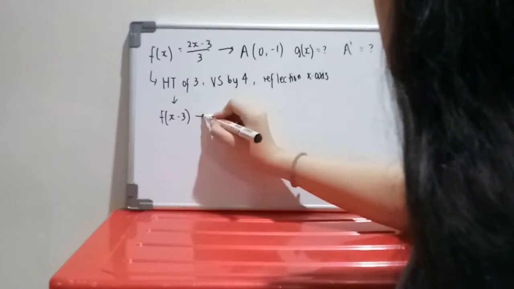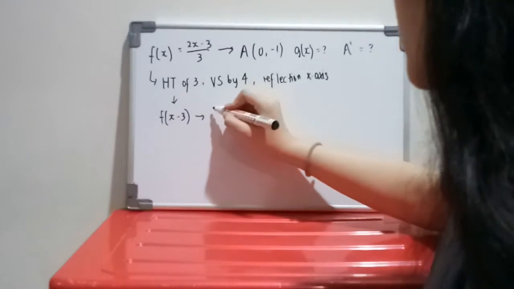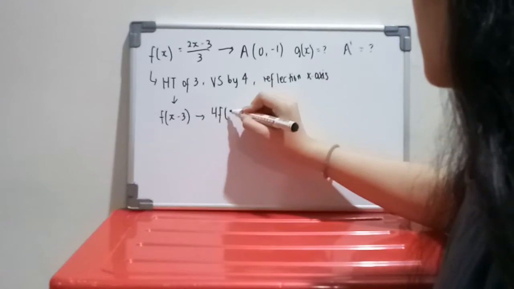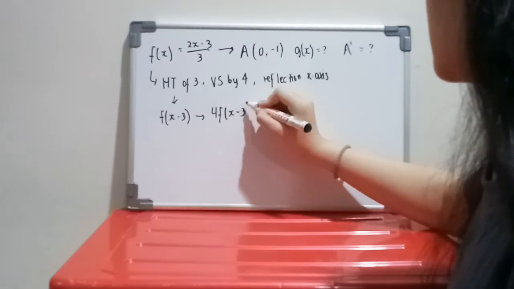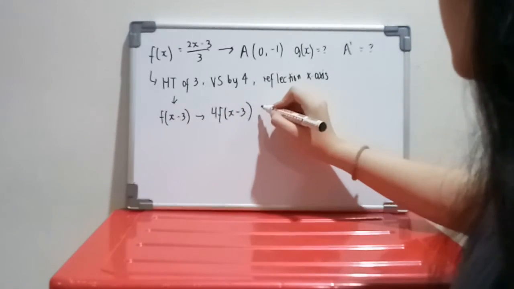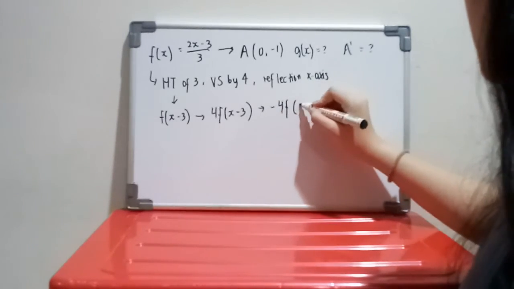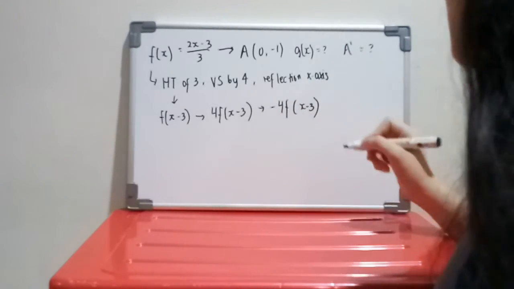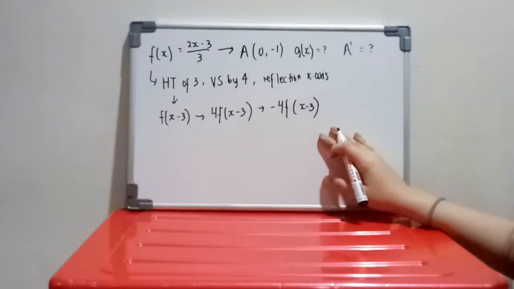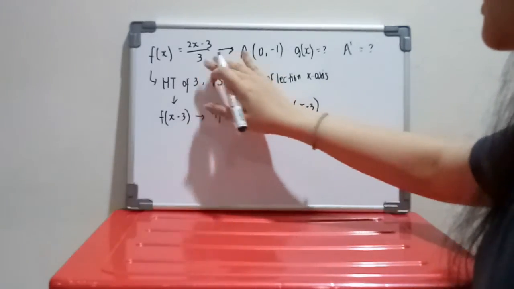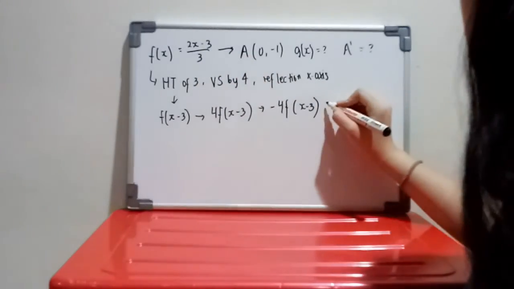And then, by vertical stretch, we have 4 f(x minus 3). And from reflection, we get negative 4 f(x minus 3). So this is g(x), but you have to fill it in with this value first.